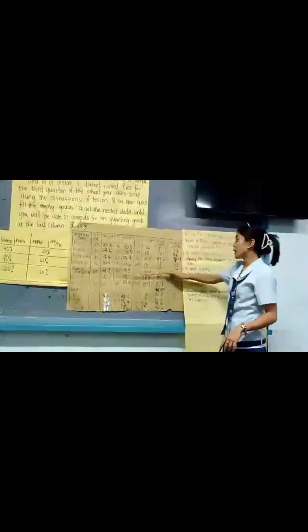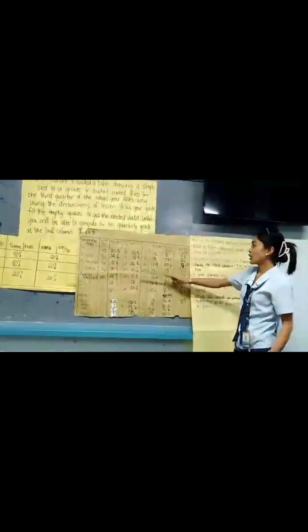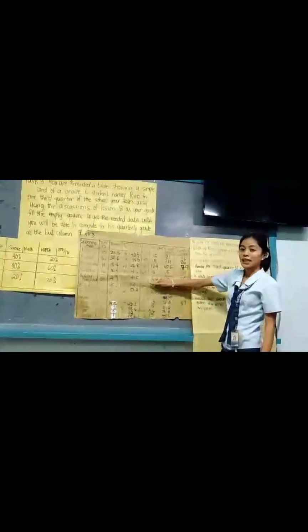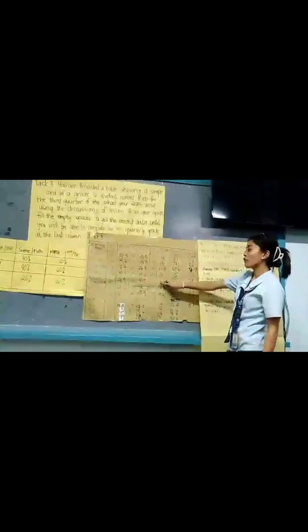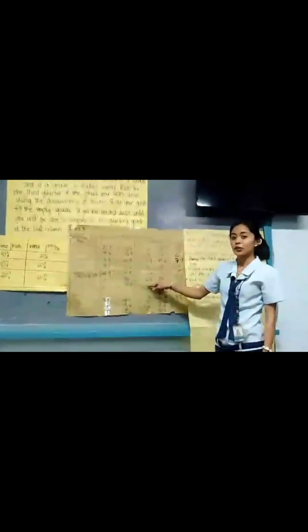So let's proceed to number 4. What does this level of proficiency in Araling Panlipunan signify? In Araling Panlipunan, we have here the written work, performance task, and the quarterly assessment. The level of proficiency that Rico excels in is the performance task, because we have here the 41.5, which we multiply by 60%.